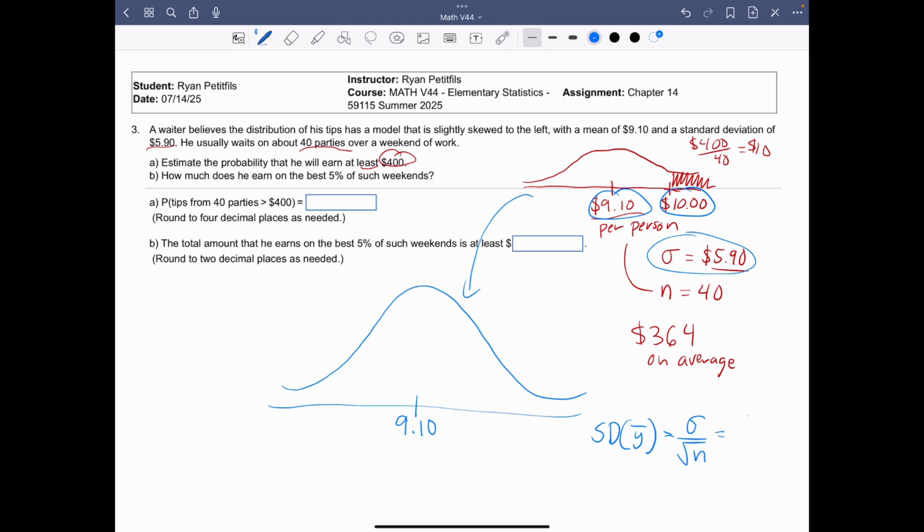So that is $5.90 divided by the square root of 40. Let me do that calculation real quick.